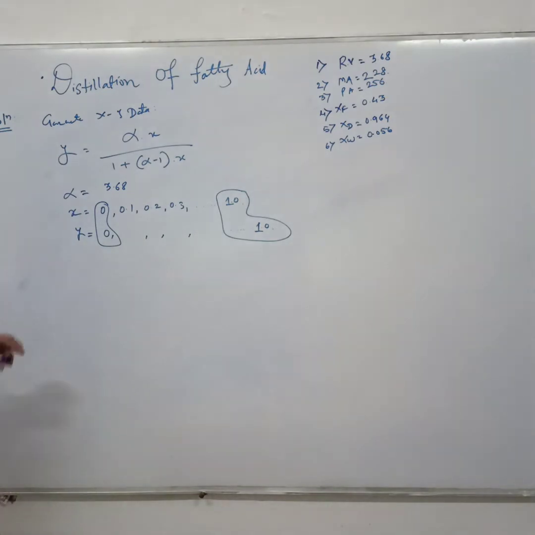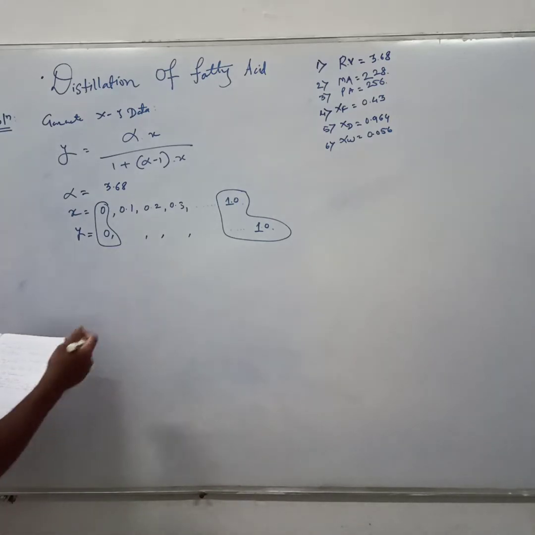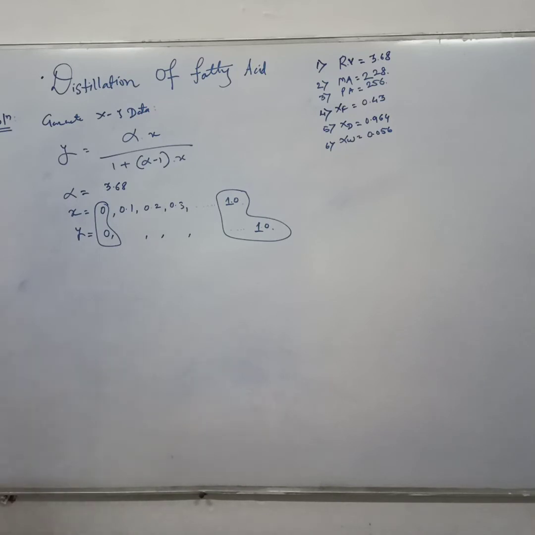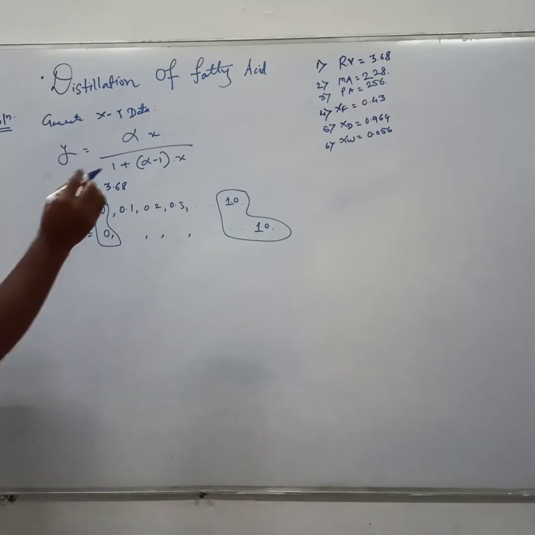We have already calculated this xy data to draw our equilibrium curve, and the values are like 0.29, 0.48, then 0.611, 0.71.